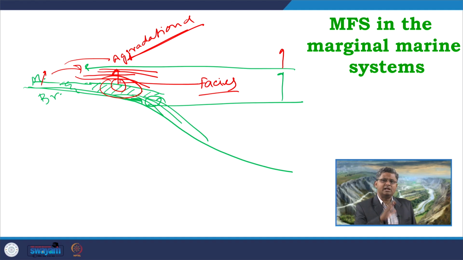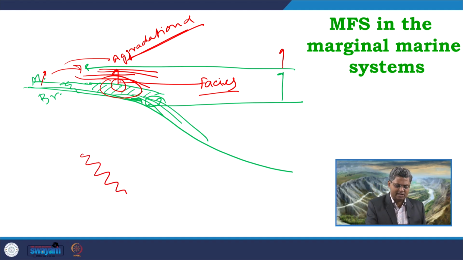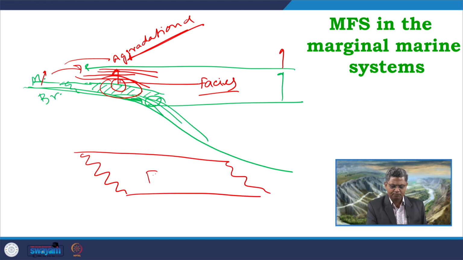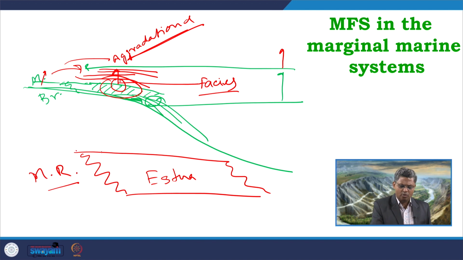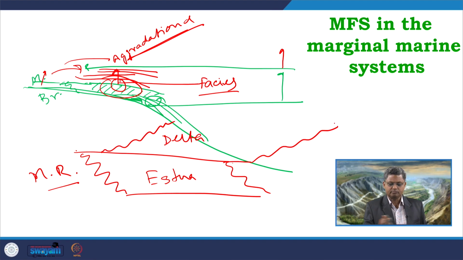So, in the marginal marine system, straightaway we can get a changeover. If this is the facies contact between the estuary followed by a meandering river system, this will immediately change now and a delta will start forming over this estuary, and the meandering river will change into a braided river system with time.